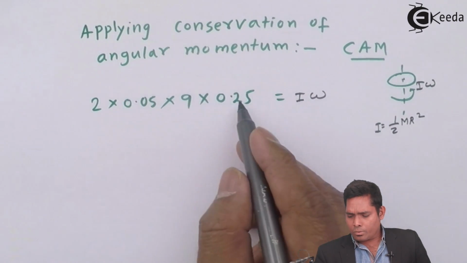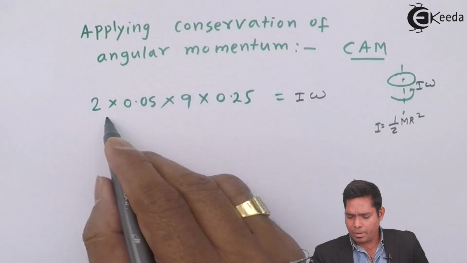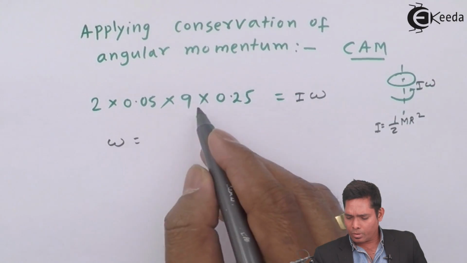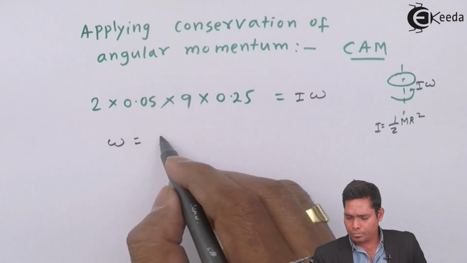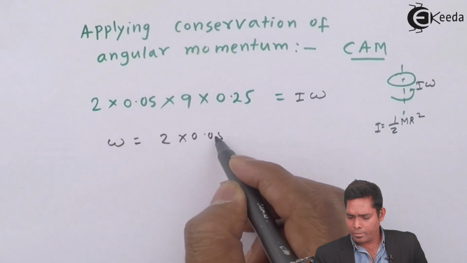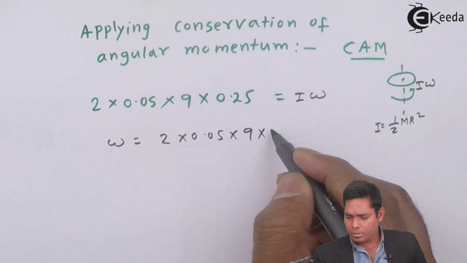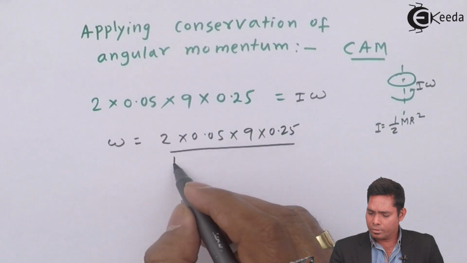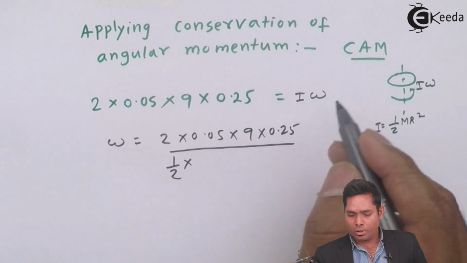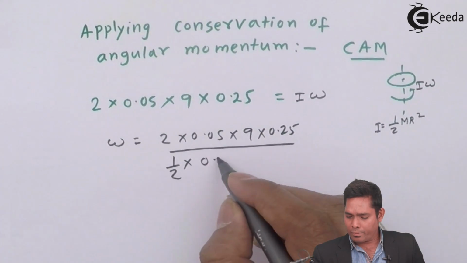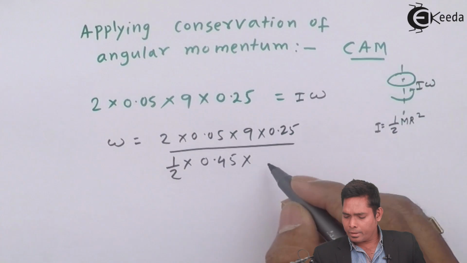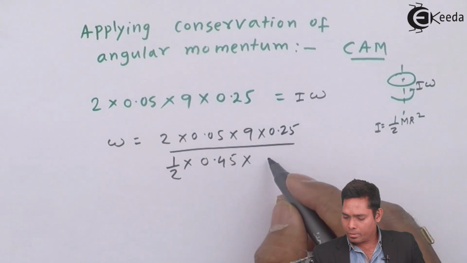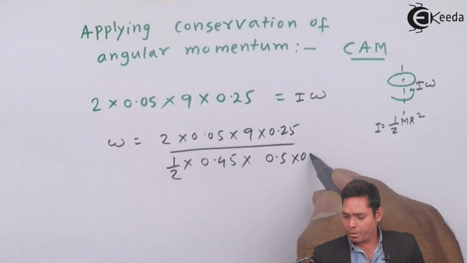Let me solve this. Omega is this divided by I. So omega is 2 times 0.05 times 9 times 0.25 divided by I. I is half times the mass of the platform, 0.45, times r squared, where r is 0.5 into 0.5.